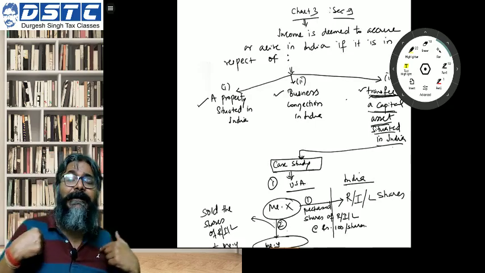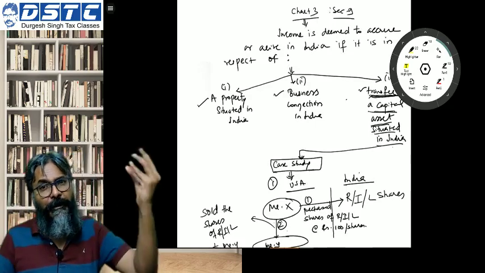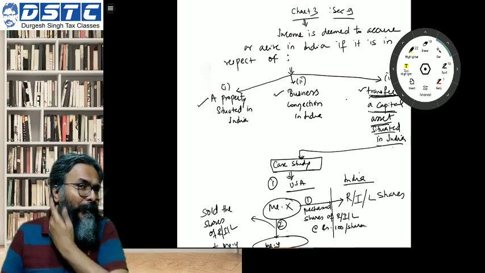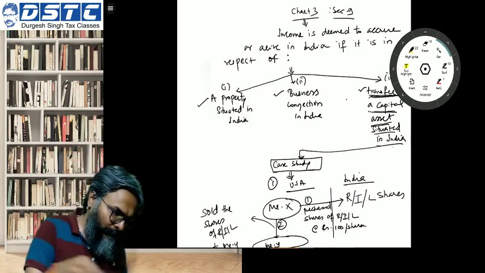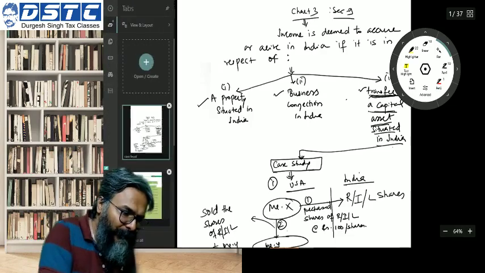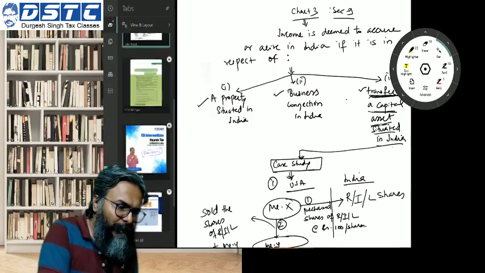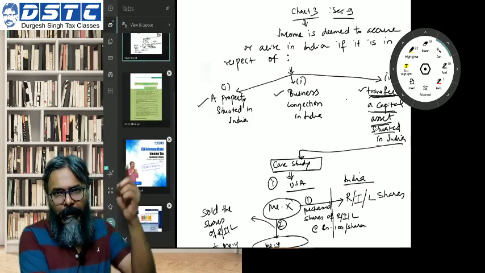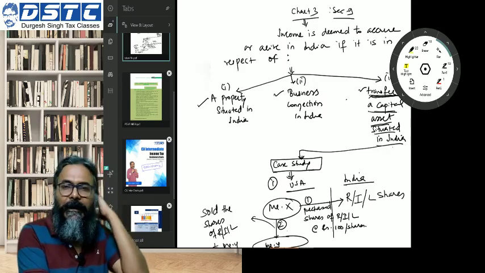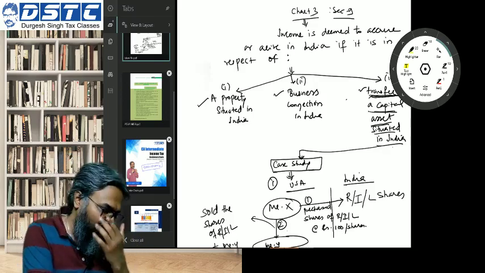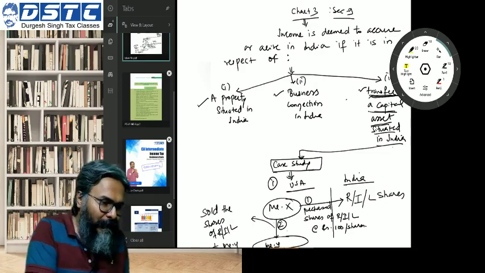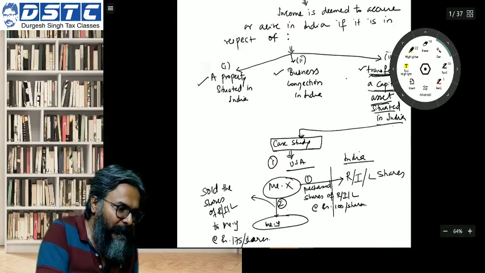I can also get a section 35 deduction on the basis of the donation and contribution that I make to these notified institutions.